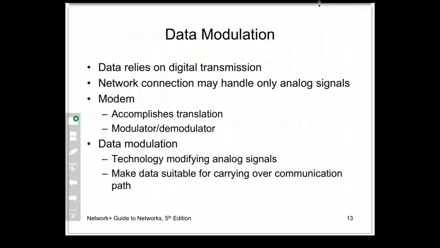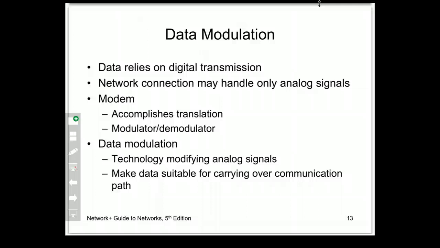Data modularization. This term is basically where the data relies upon some digital transmission, and a network connection may handle only analog signals. Here are some old school terms that I'll go over in a second. Modem, when it comes to dial-up modems, had what's called a modulator, demodulator.